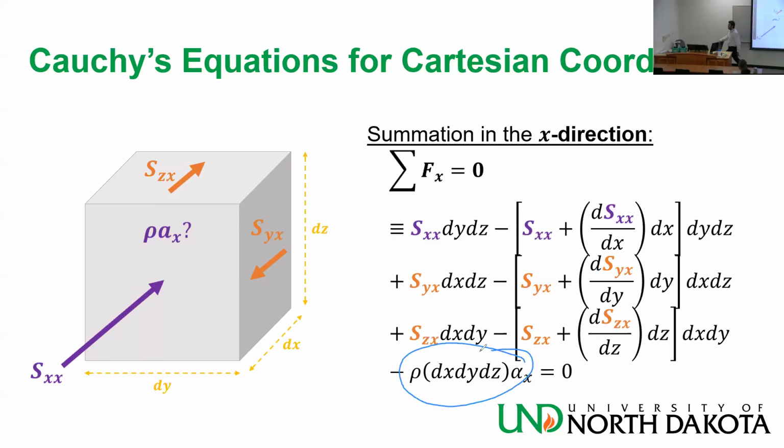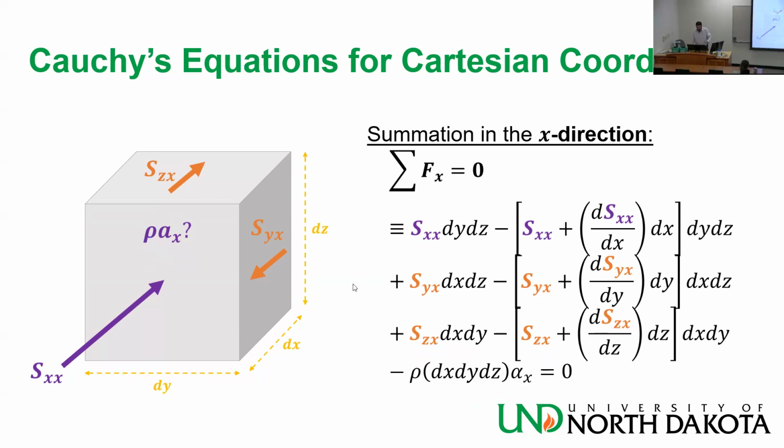Can I say this REV may have a force acting in the body somewhere, in the X direction in this case? I need to take account of it. It might be zero, but it's basically a force caused by an acceleration, right? This A causing the force. Rho is the intrinsic property of the material, the density, and it's acting on the whole volume, so dx, dy, dz. Yeah, it's Newton's second law, basically.